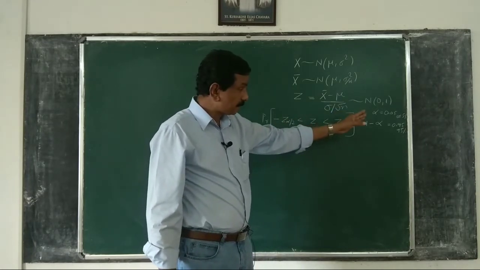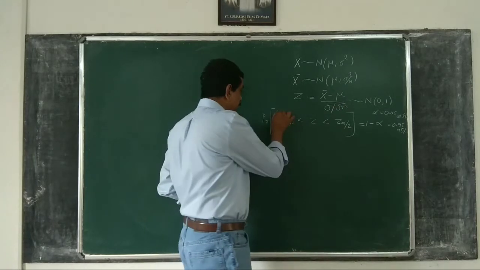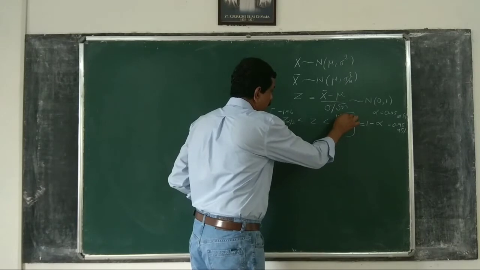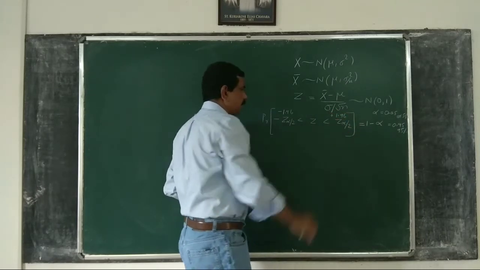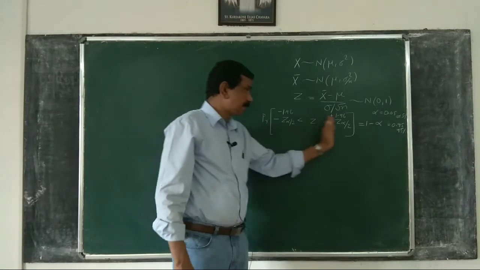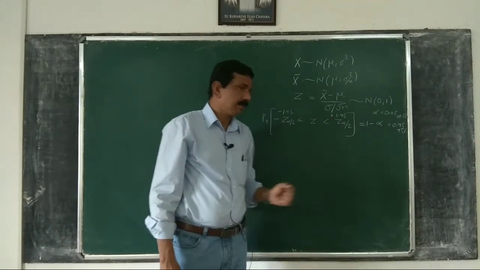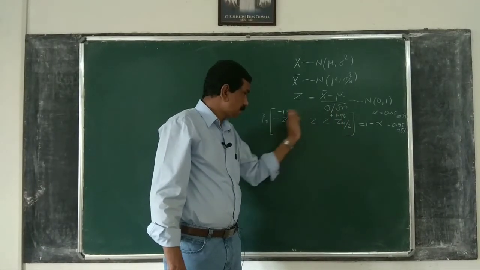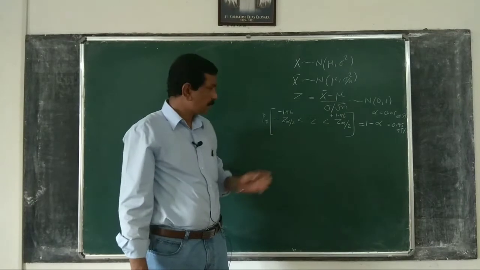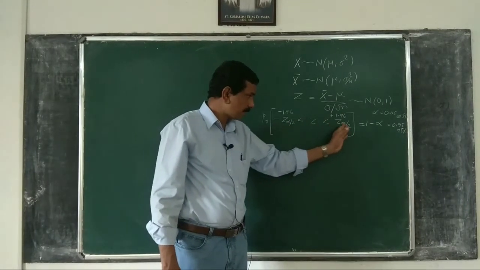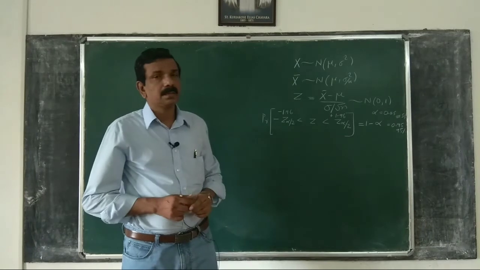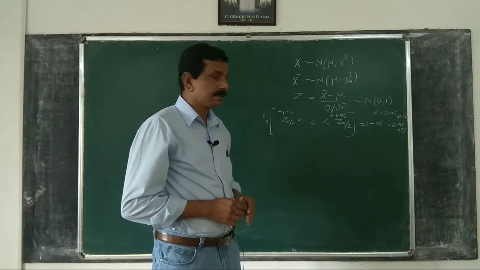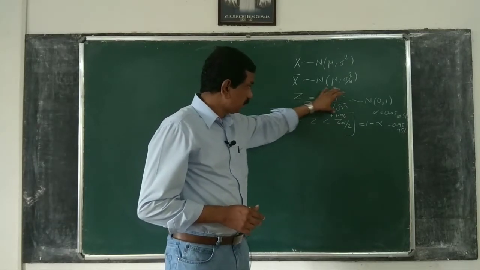If alpha is fixed at 5%, then this becomes minus 1.96 and this becomes plus 1.96. We know that 95% of z lie between these two values. Now this minus z alpha by 2 and z alpha by 2 are known as the critical values, and z in the middle is the empirical z, that is the z obtained from the sample.